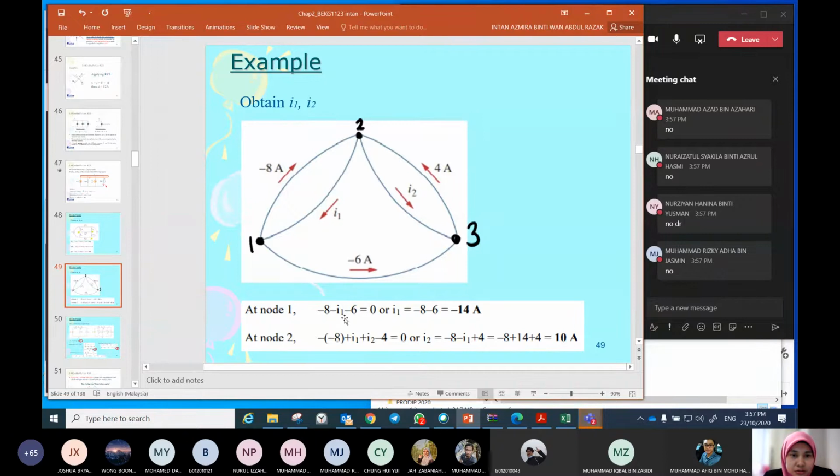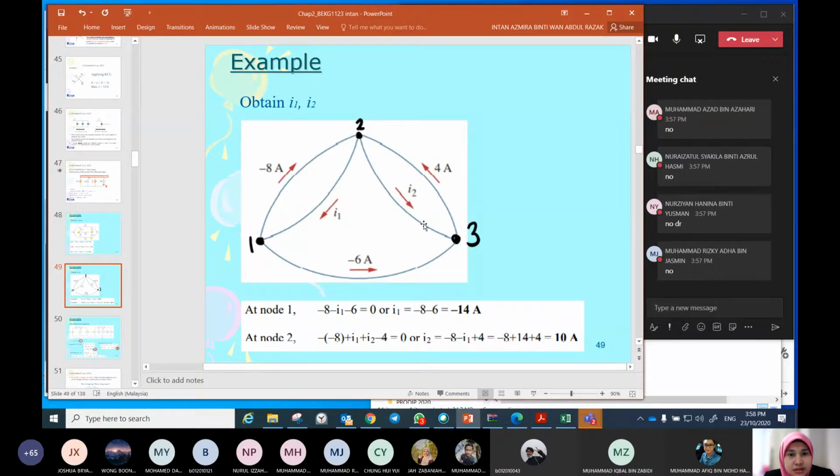So I1 is equal to minus A minus C, and we get I1. At node 2, current entering is 4 and minus A. 4 minus A is equal to I1 plus I2.